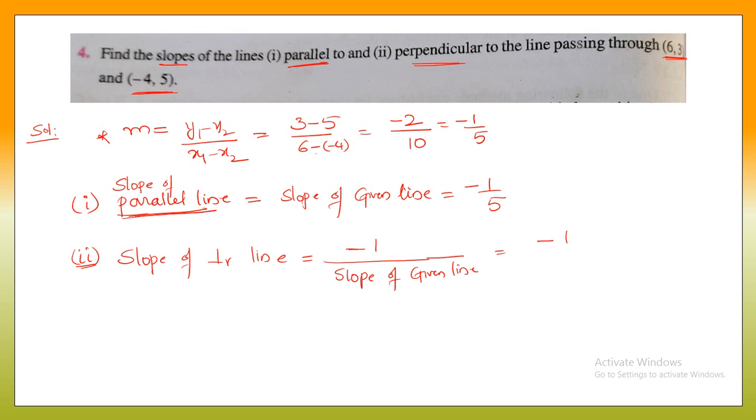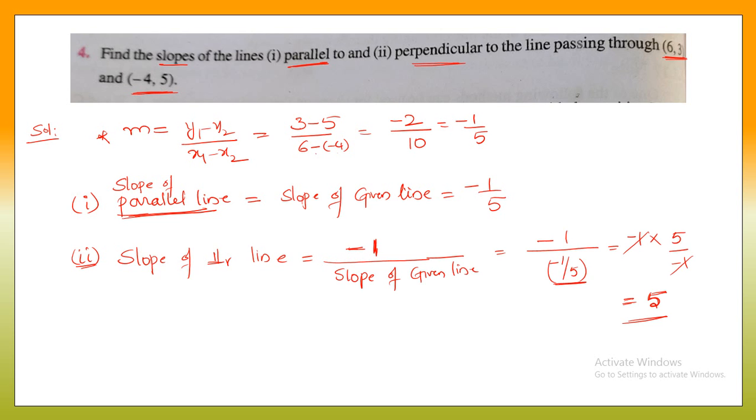So from this, minus 1 divided by the slope of the given line, which is minus 1 by 5. So this I can write as minus 1 into, the denominator part will become reciprocated, right? So 5 by minus 1. So this minus 1 I can cancel out. Then from this, the slope of the perpendicular line is 5.